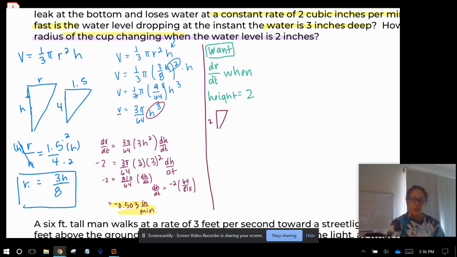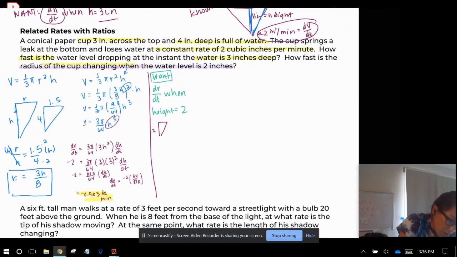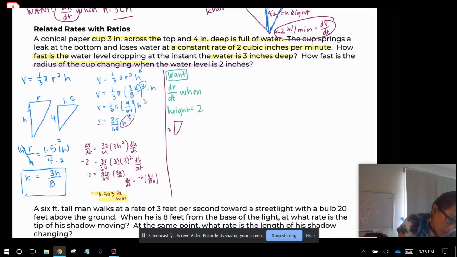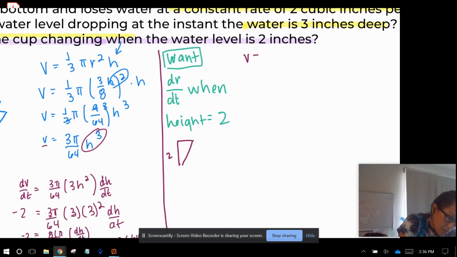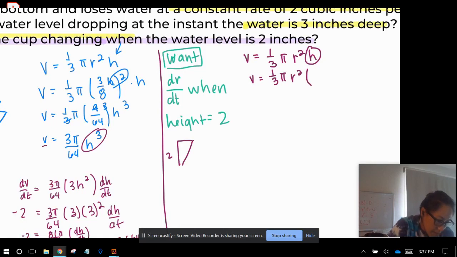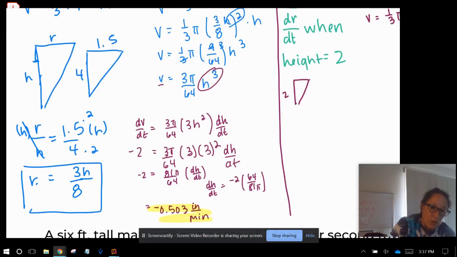Since we're solving for dr/dt, we need to make sure that we have r in our equation. So the volume is equal to 1/3 pi r squared times h, and this time I'm going to replace h. I'm going to go back and remember that r is equal to 3h over 8. So to solve for h, I'm just going to multiply by 8 over 3r.